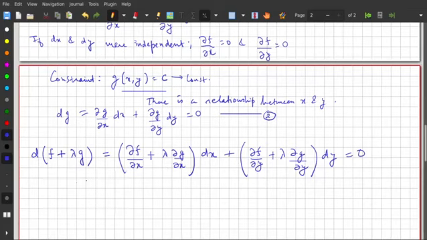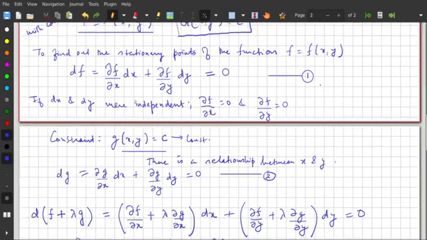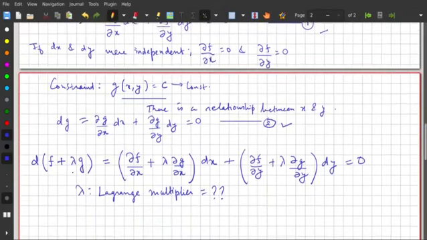Here lambda is called the Lagrange multiplier, and remember that this is unknown, we don't know it yet, so it needs to be figured out. Given equation 1 is true and equation 2 is true, we can write a general expression like this for an arbitrary lambda, or we can write this condition for a particular lambda that satisfies this expression, and we need to find out what that lambda is.